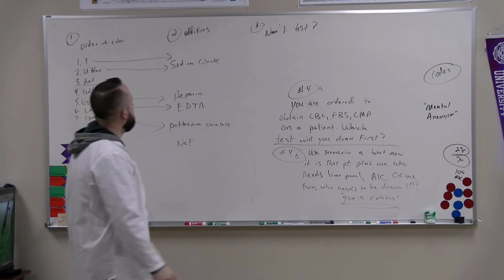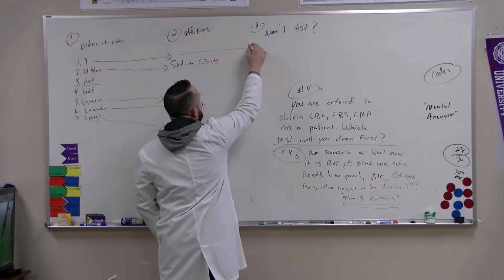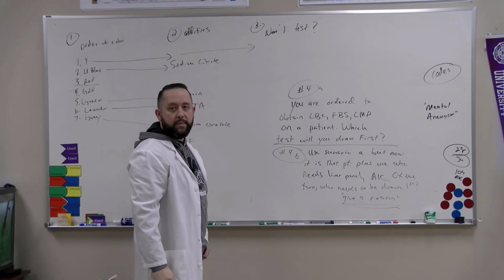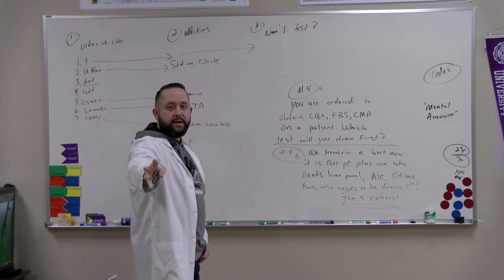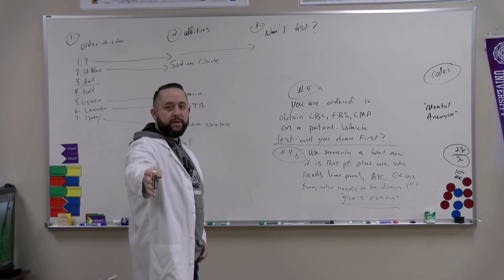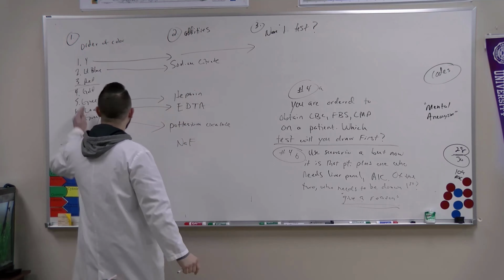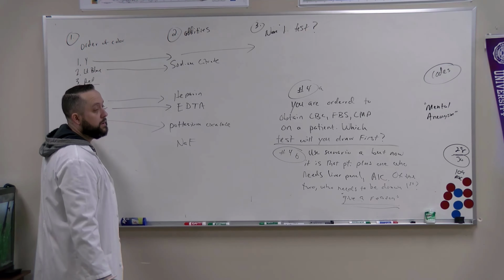All right, what did you get for tests? A complete blood count. What tube did you assign it to? I put it for yellow.